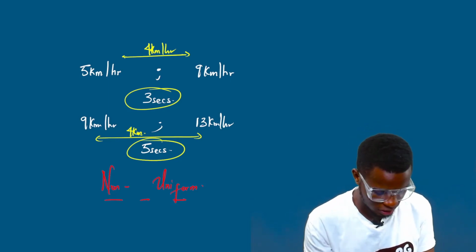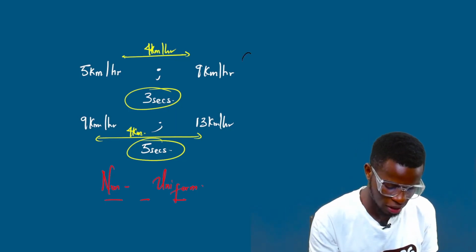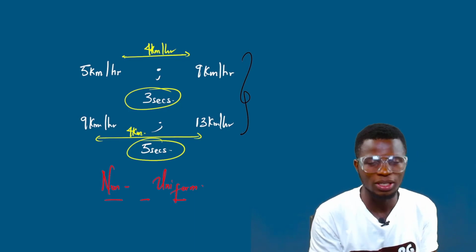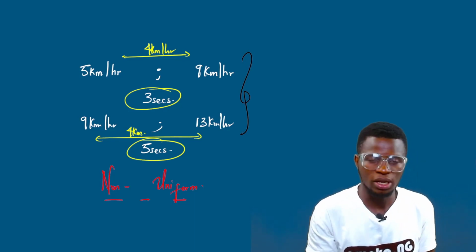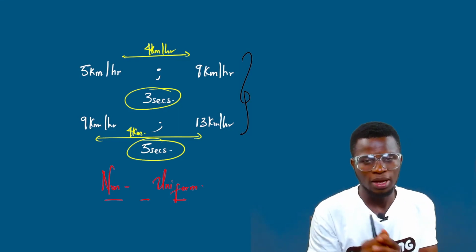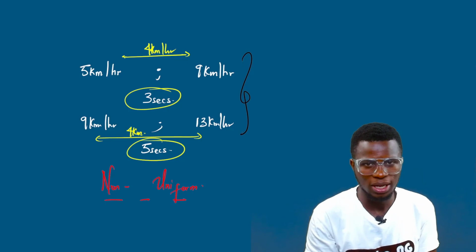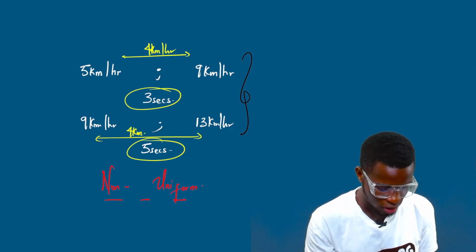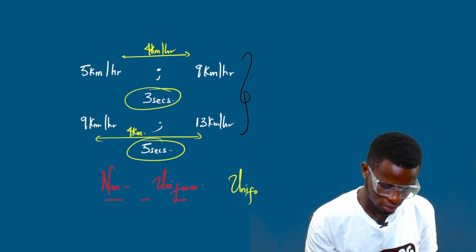But in the scenario I gave here, the acceleration is not constant, and that is why it is called a non-uniform acceleration. On the other hand, if the acceleration is constant, then it is called a uniform acceleration.